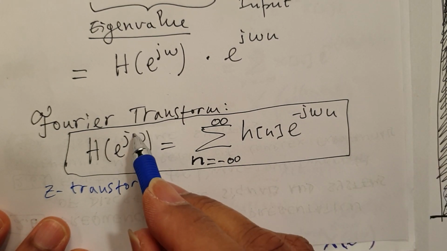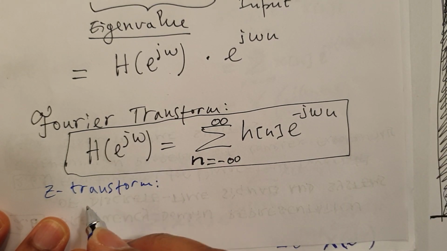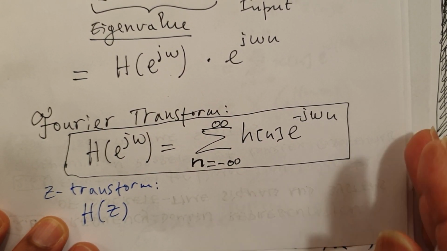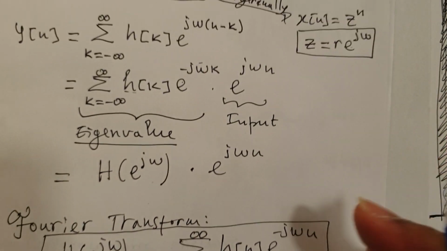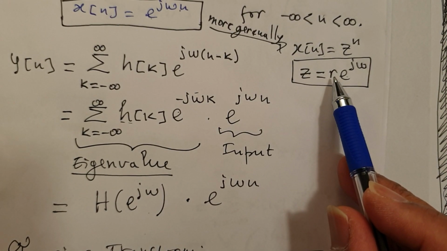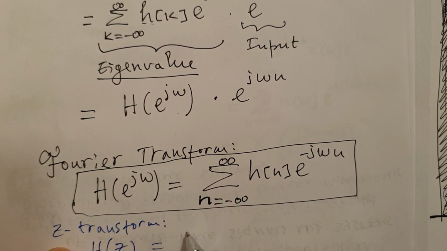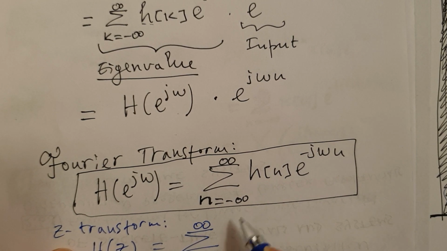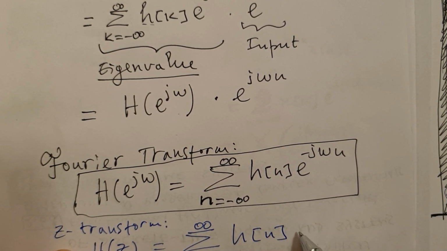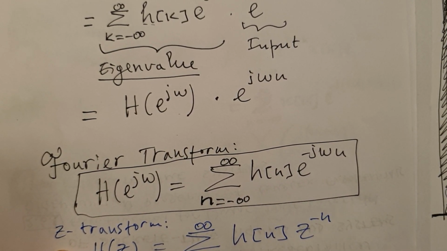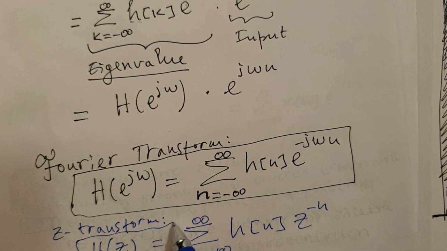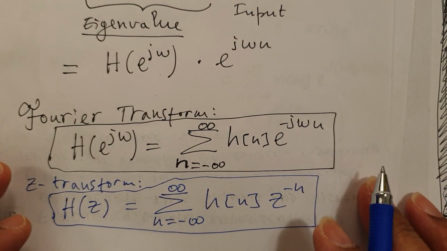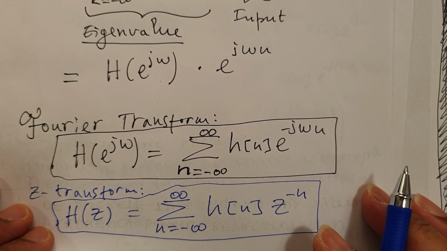Now, instead of being a function just of e to the j omega, it's a function of z that we have defined before, very similar, and z to the minus n here. So this is the z transform that we'll see in detail when I describe the main topics from chapter 3.